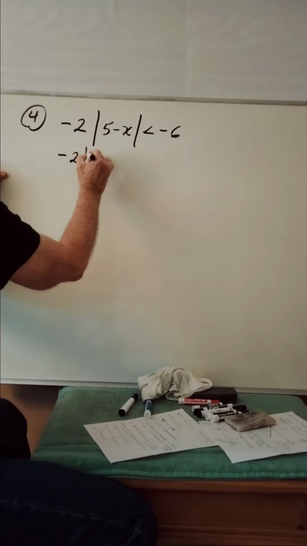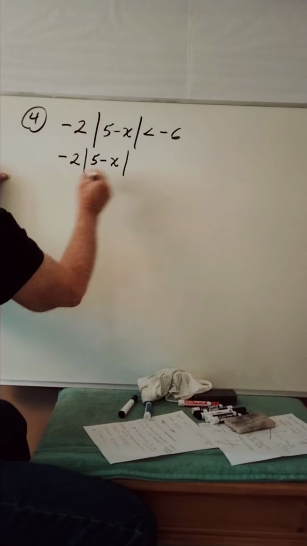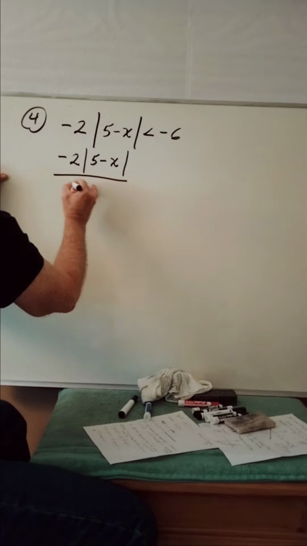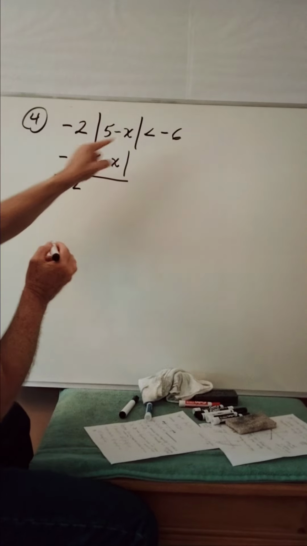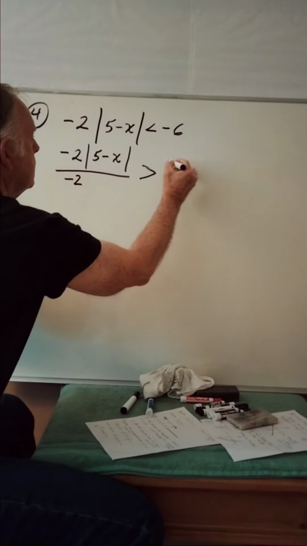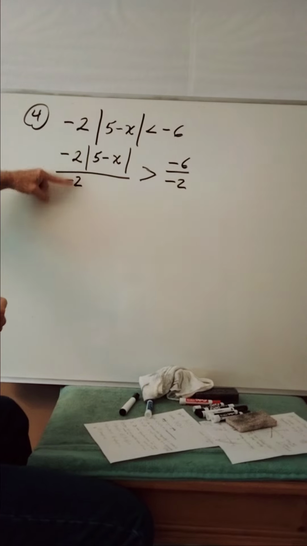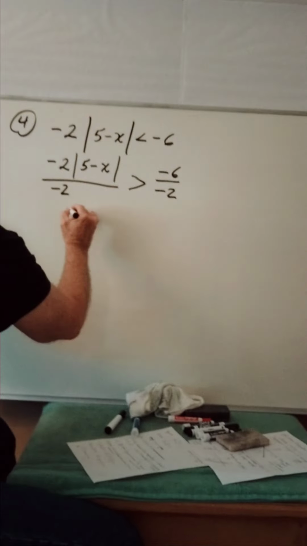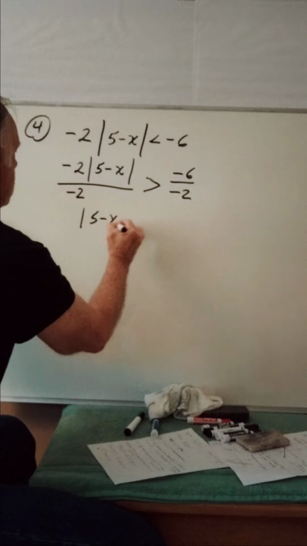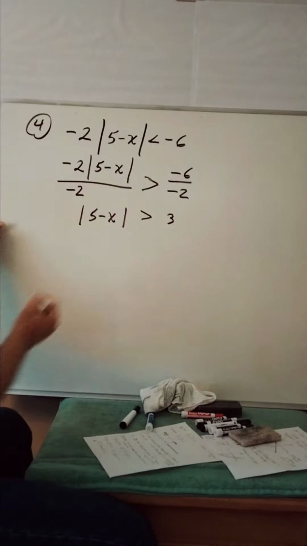Negative 2 times the absolute value of 5 minus x divided by negative 2, now reverse, is greater than negative 6 divided by negative 2. They will cancel out. We'll be left with the absolute value of 5 minus x is greater than 3.